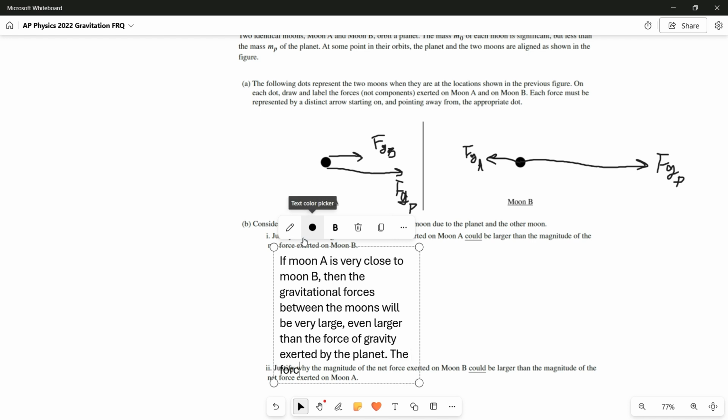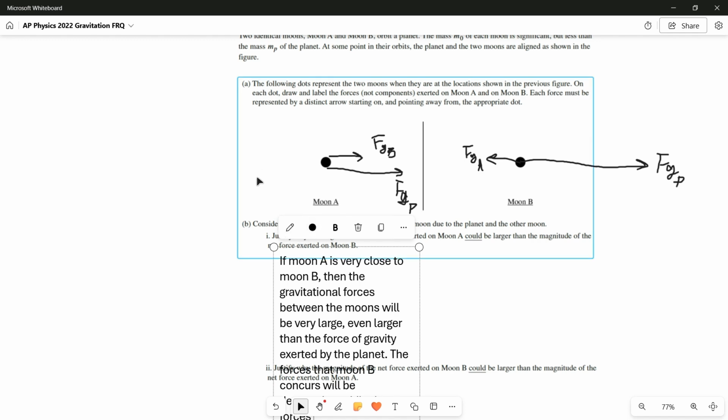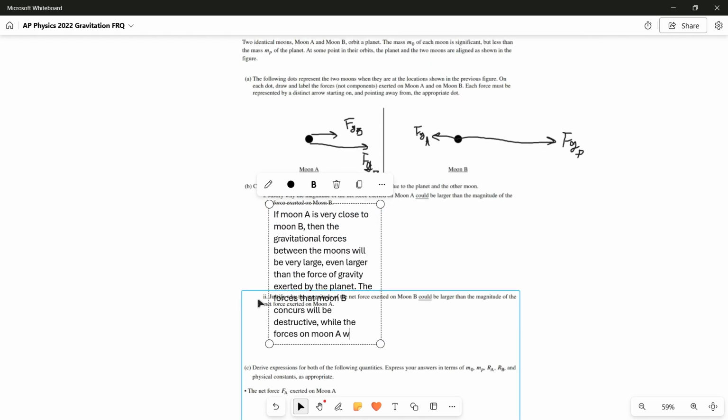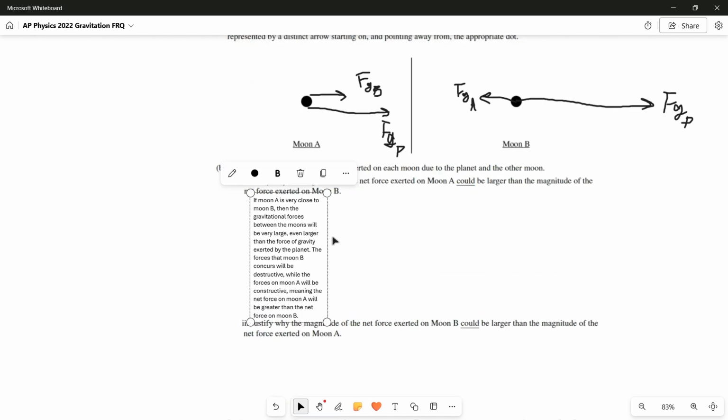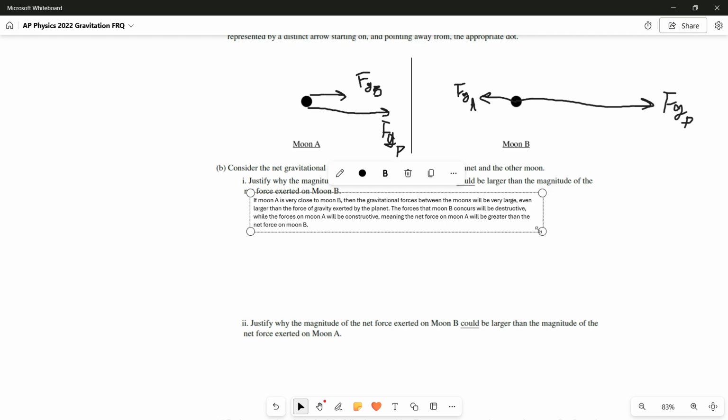The forces that Moon B encounters will be destructive, while the forces on Moon A will be constructive, meaning the net force on Moon A will be greater than the net force on Moon B. And there we have it. That is our first answer to part B.